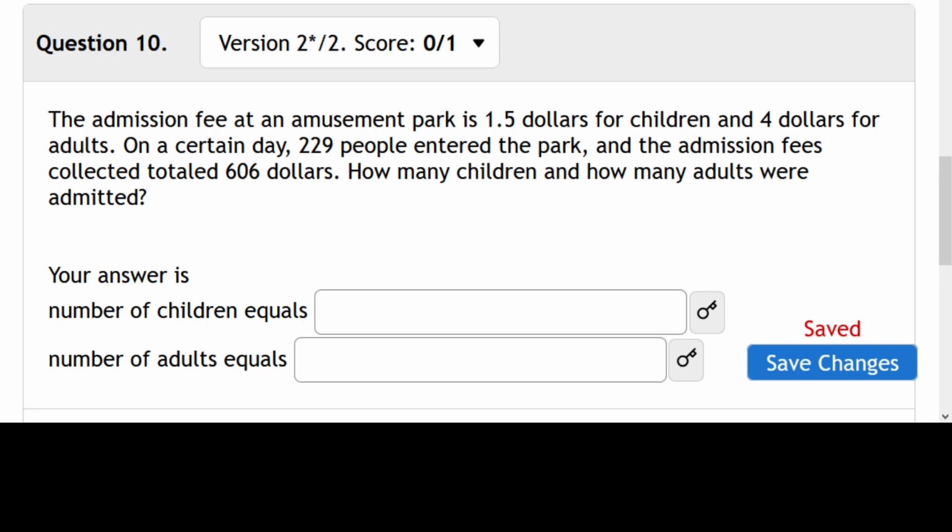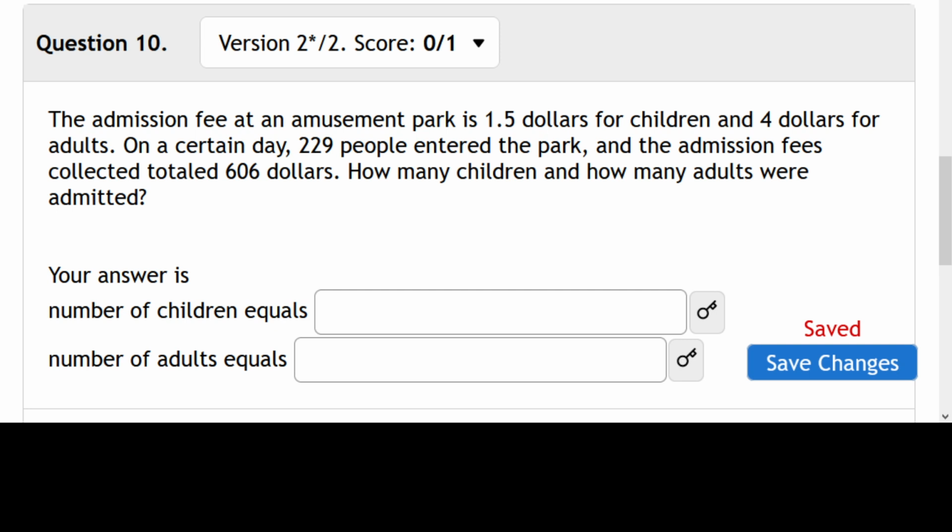So here's the situation. The admission fee at an amusement park is $1.50 for children and $4 for adults. Okay, and then on a certain day, 229 people entered the park, and the admission fees totaled $606.